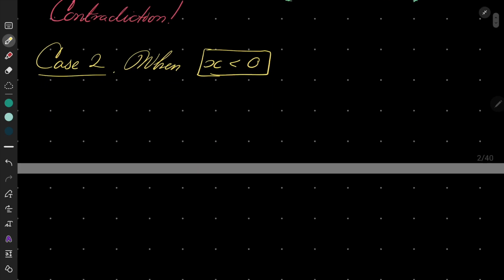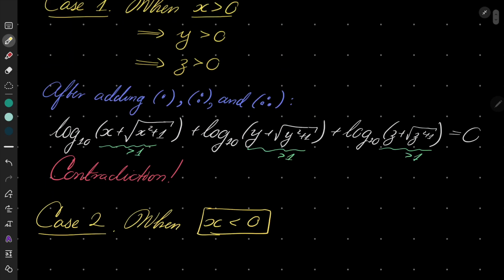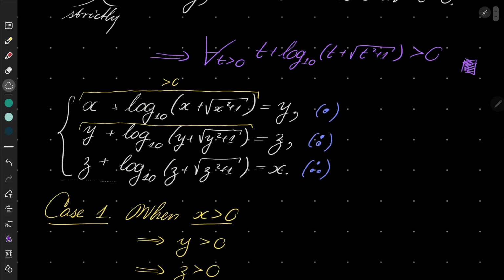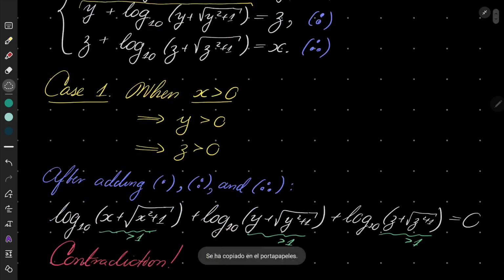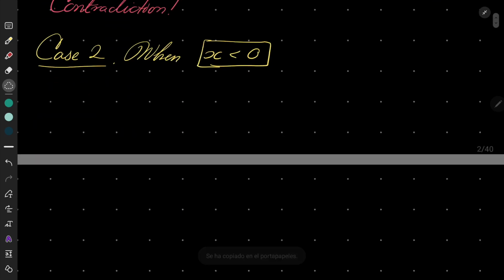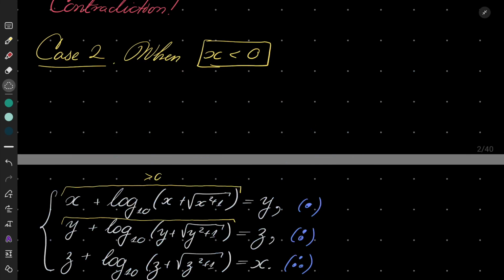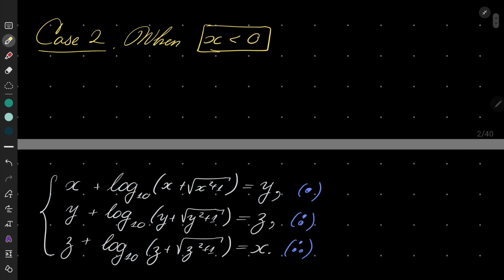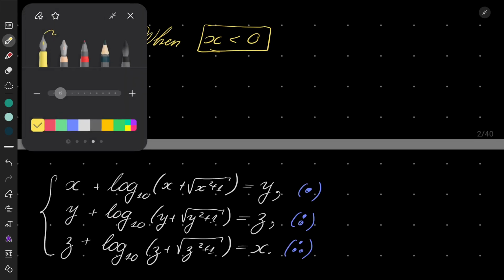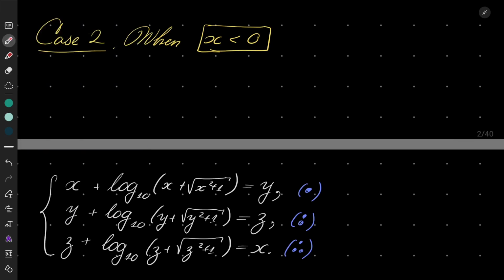What happens then? Well, let's take our system of equations again. Okay, so here's our system. I wish to state it in the following way: I will put minuses everywhere.